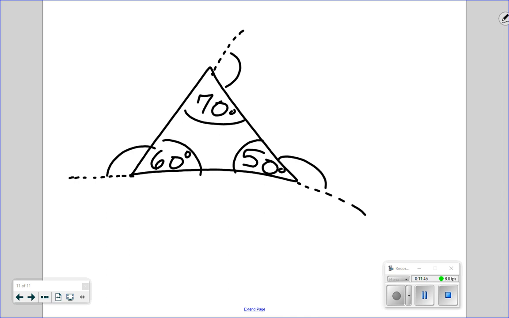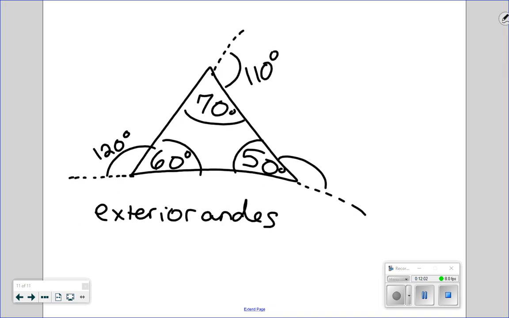So for the 60-degree angle, the exterior angle is 120 degrees. For the 70-degree angle, the exterior angle is 110. And for the 50-degree angle, the exterior angle is 130. Oops, I miswrote that.